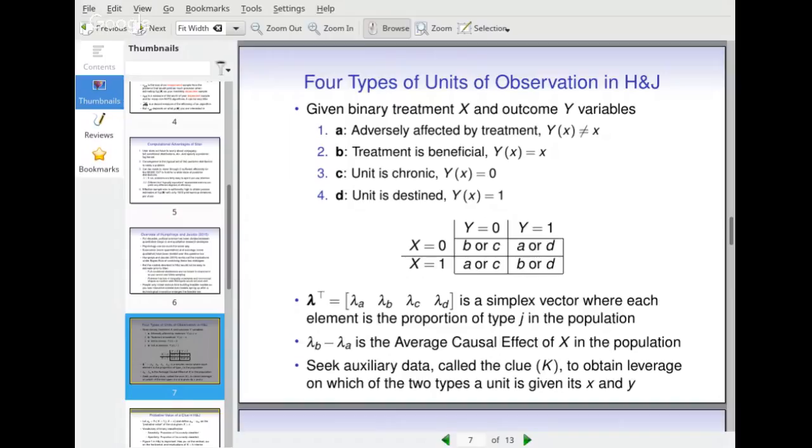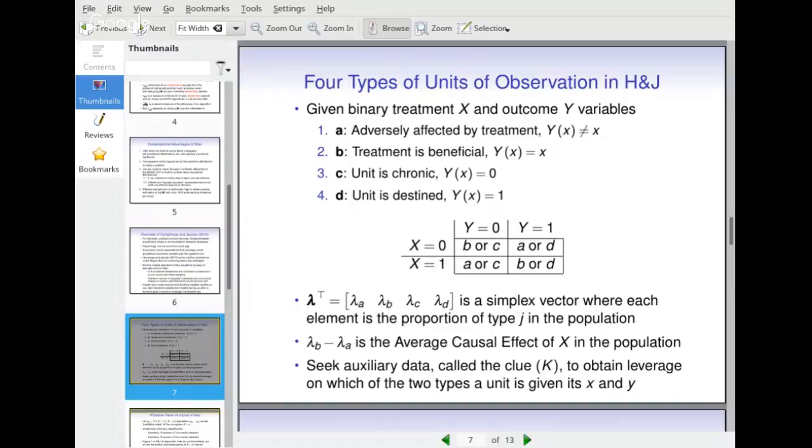In general, you can never go out and just observe average causal effects. You're always going to have to make assumptions in order to estimate them somehow. So we really have this mathematical concept of lambda B minus lambda A, and we want to get data, get a posterior distribution, and get after this quantity.